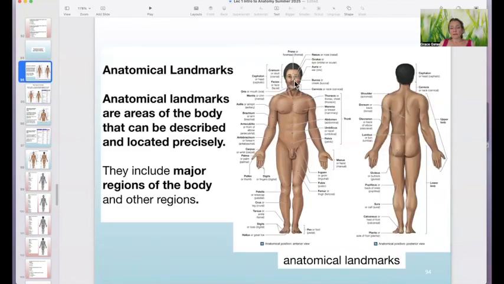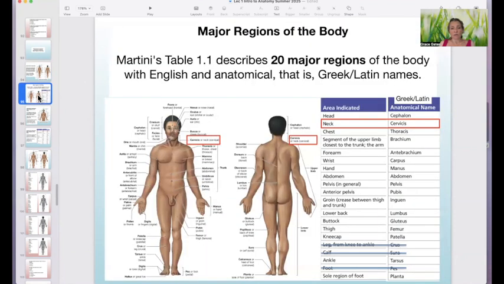So anatomical landmarks, if you actually count up how many there are on these anterior view and posterior view of this man here, there are many, many areas. And almost all of them are useful in anatomy, okay, for learning the area and learning the word associated with the area. But especially helpful to learn are 20 major regions of the body.